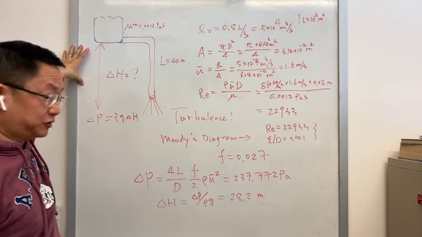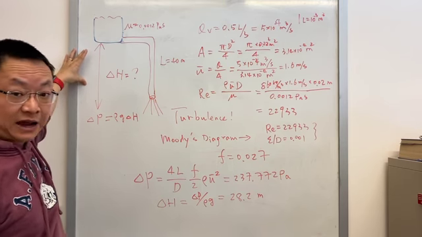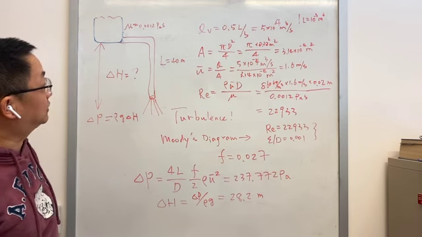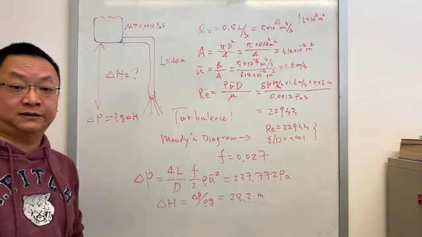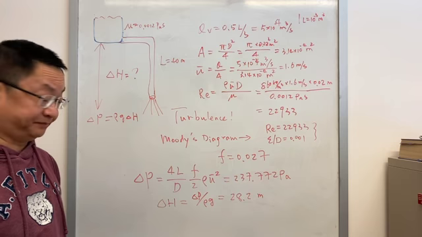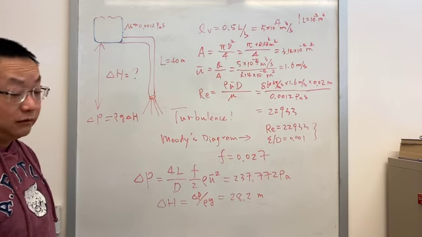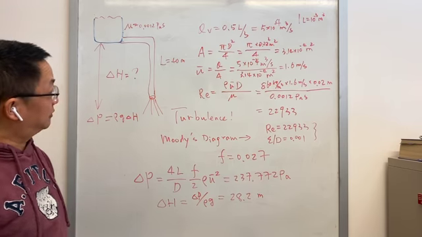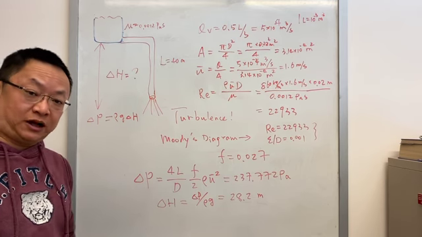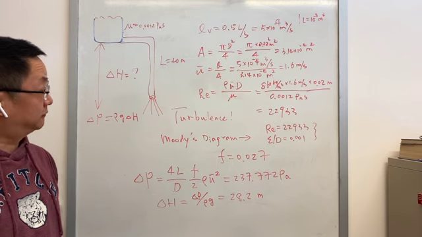And the question to answer is, what is this height difference that we need to maintain if we want to get a 0.5 liter per second flow rate out of this pipe at the end? From the volumetric flow rate, 0.5 liters per second, the first thing to do is to calculate the average velocity of the flow.